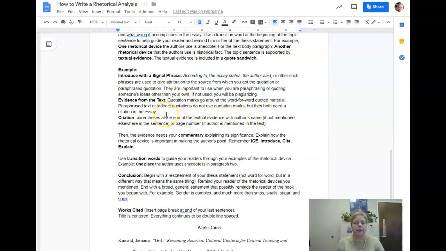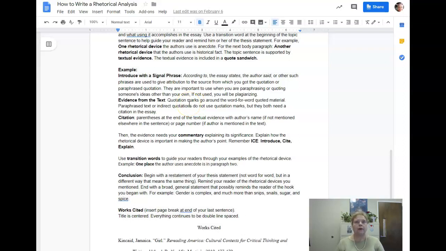After you introduce it, then of course you need to put in the page number in parentheses, in-text citation. Some people call it a parenthetical citation because it is in parentheses. And again, see my sample essay for how that is done. And then you're not finished. You have introduced it, you have cited it, and now you have to explain it or elaborate on it, because your reader doesn't know why you chose that example.